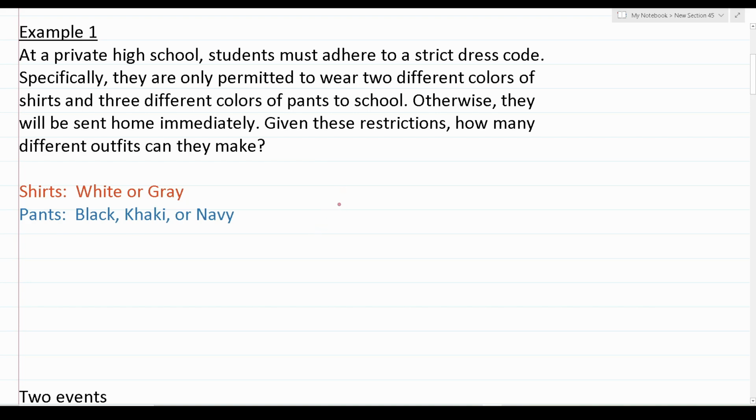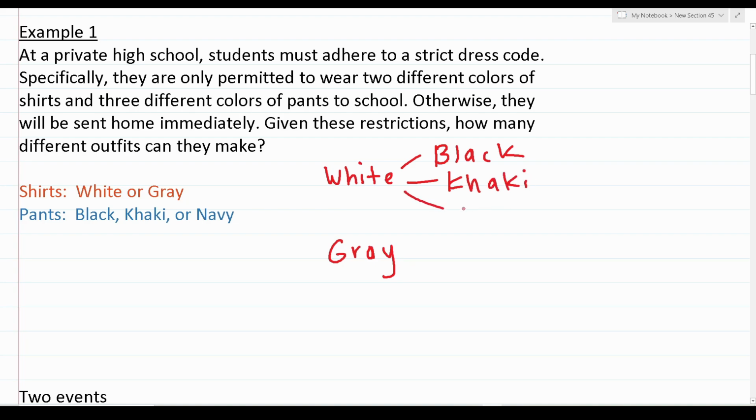Again, if we were to make a tree diagram to answer this one, we would say, well, as far as shirts go, they can wear a white or a gray shirt. And then in addition to doing that, they would say, well, if you wear a white shirt, you can wear black pants, you can wear khaki pants, or you can wear navy pants.